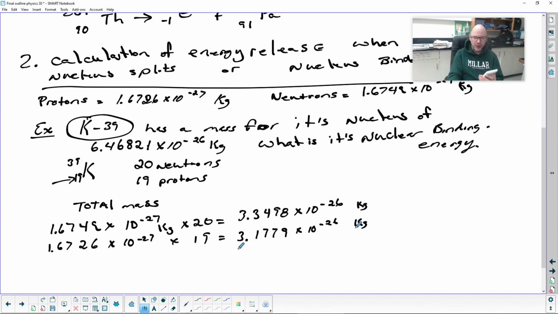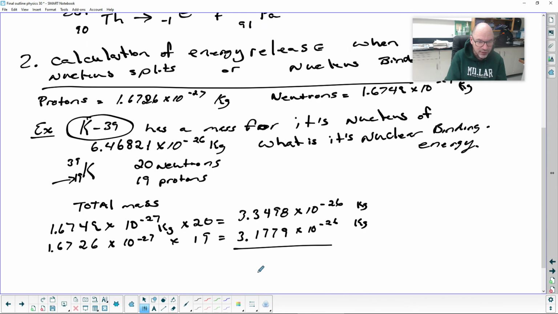Okay, and then we're going to total these. 3.3498 times 10 to the negative 26 plus 3.1779 times 10 to the negative 26.